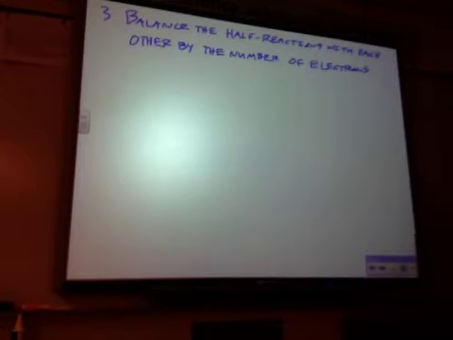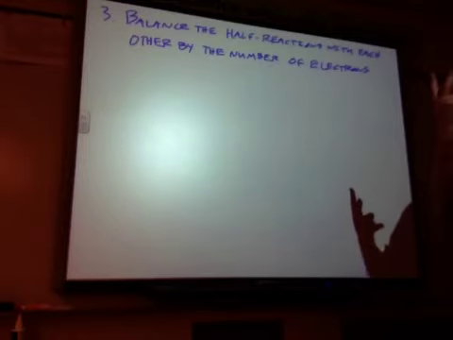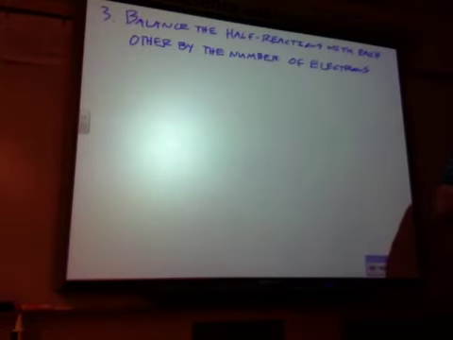So if you balance the oxidation half reaction and you see that it requires 2 electrons, and you balance the reduction half reaction and see it requires 4 electrons, how do you balance them with each other? You multiply the first one by 2. That simple.